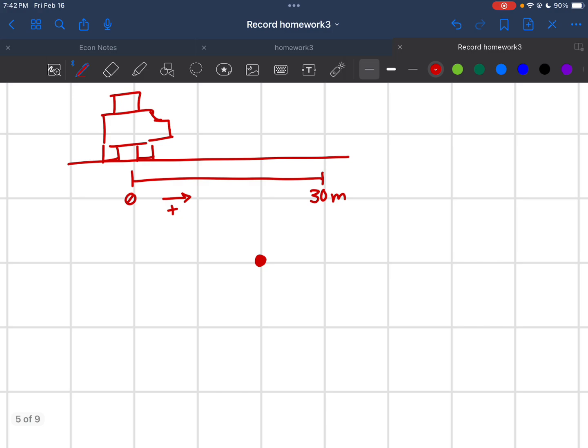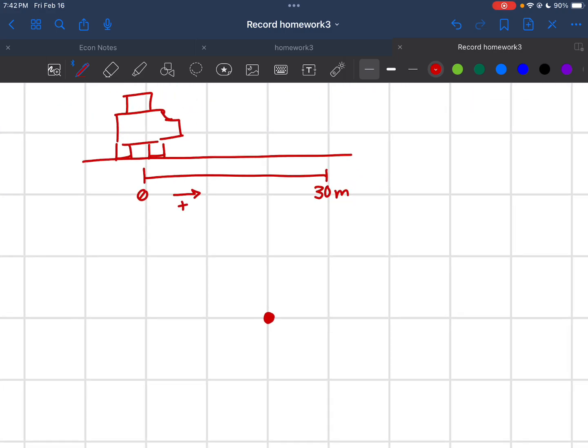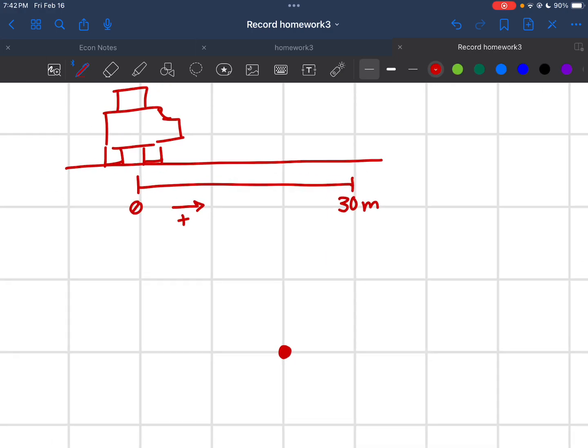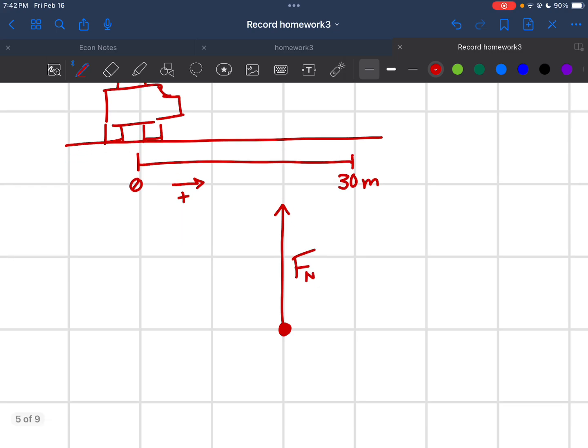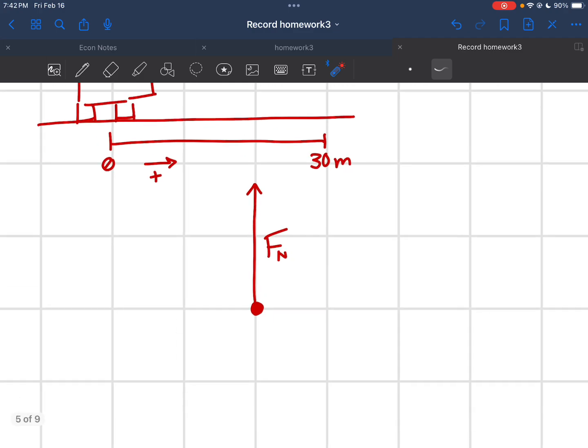Okay. So if I'm drawing my force diagram, I'm going to think, what is touching this object? Well, the road is touching the object, and the road is a surface. So it's going to be pushing up on the car with that normal force. And also, the other part about the road is that that's what the brakes will use to slow down.